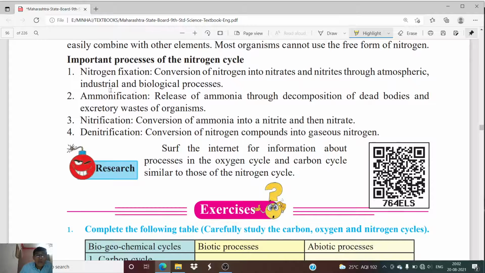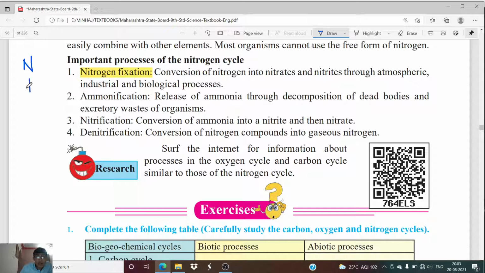Now, important processes of the nitrogen cycle. One of the important processes is nitrogen fixation. Okay, so what is nitrogen fixation? It is the conversion of nitrogen into nitrates and nitrites through atmospheric, industrial, and biological processes. So when nitrogen, that is N2, okay, nitrogen is converted into nitrates and nitrites.